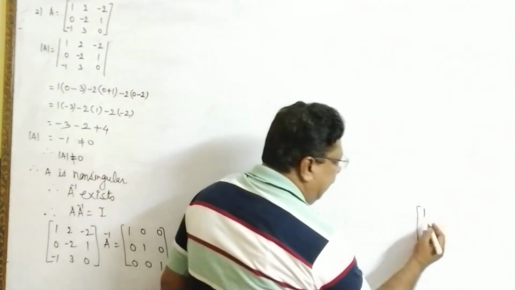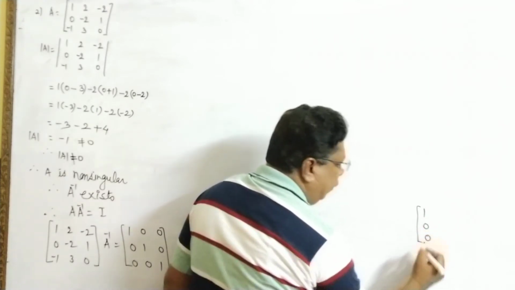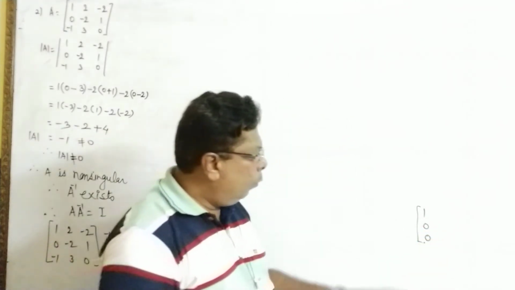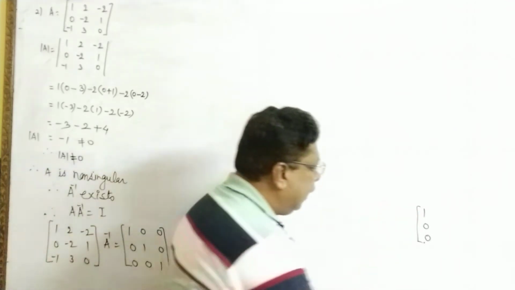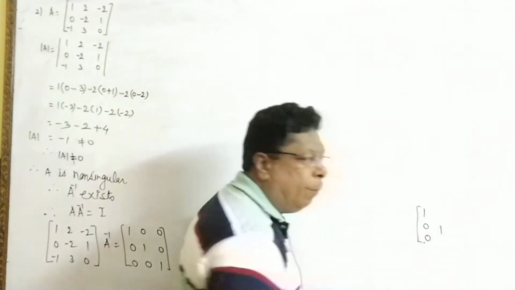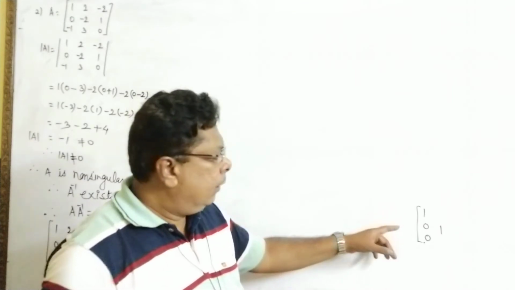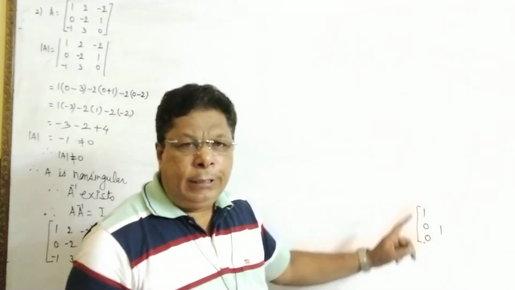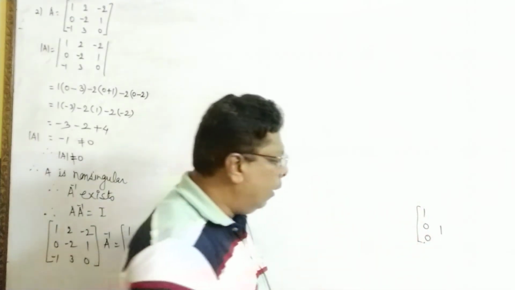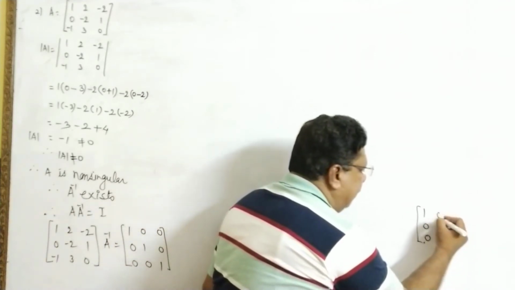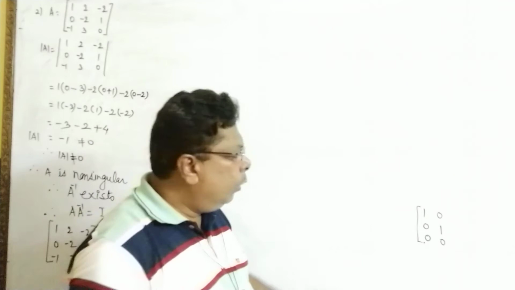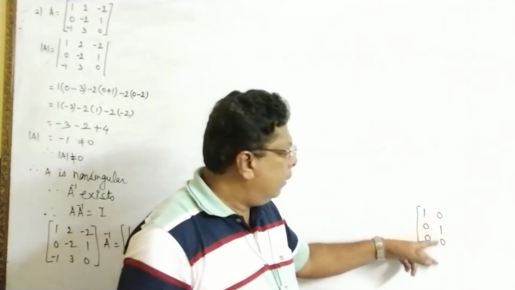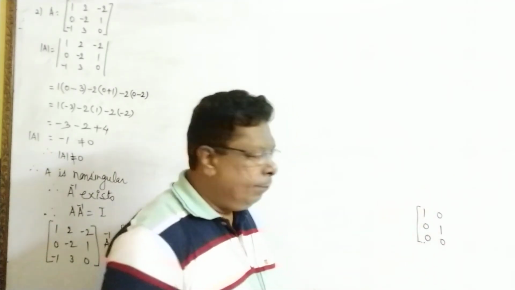Then the second step, bring 0 in the place of A2 1 and A3 1 with the help of diagonal element 1. Third step, bring 1 in the place of A2 2, that is the second diagonal element, which is in the second row, second column. Fifth step, bring 0 in the place of A1 2 and A3 2, which are in the second column.